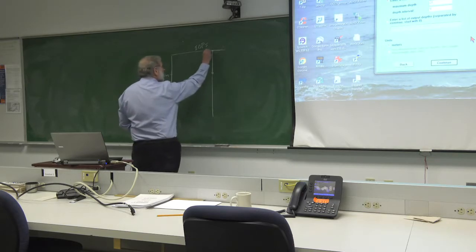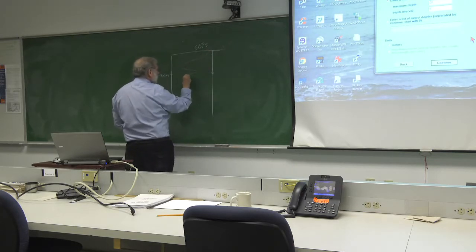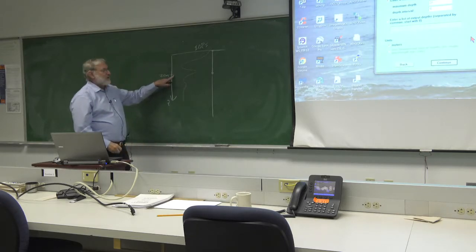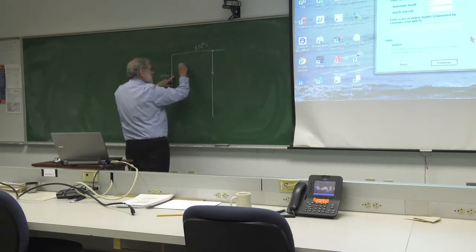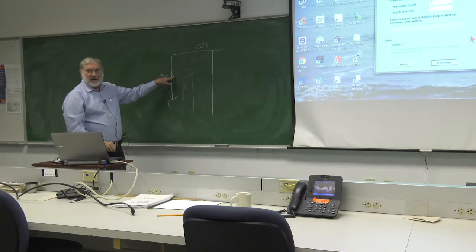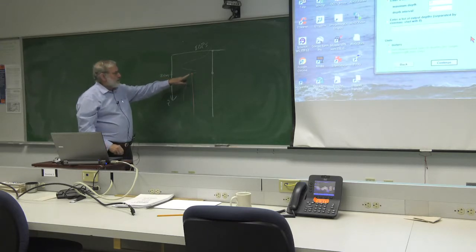Suppose you have this profile of IOPs, and you say, solve to 20 meters. It'll use your profile down to 20, and then it'll take the value at 20 and say, just use that from there on down. So, that's not really the problem you wanted.